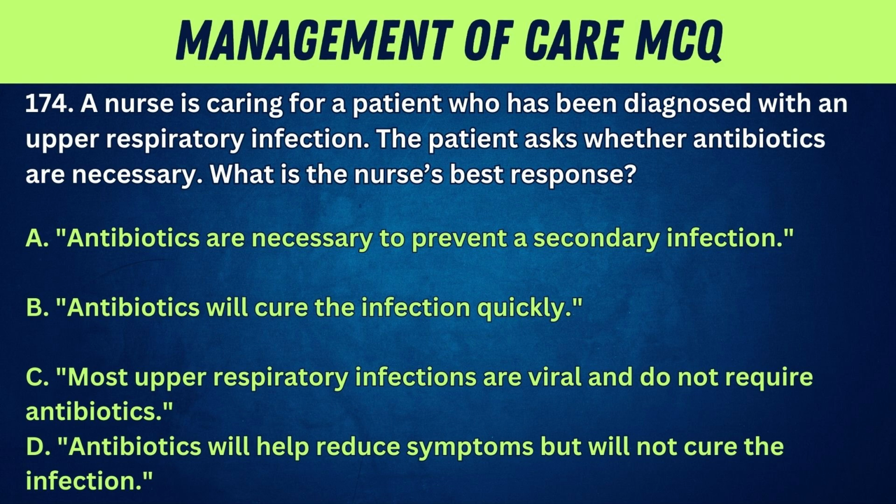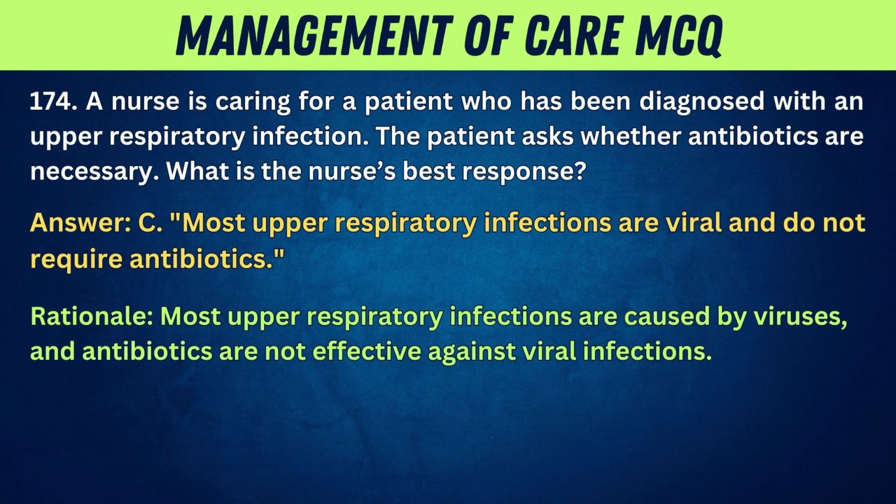D. Antibiotics will help reduce symptoms, but will not cure the infection. Answer. C. Most upper respiratory infections are viral and do not require antibiotics. Rationale. Most upper respiratory infections are caused by viruses, and antibiotics are not effective against viral infections.